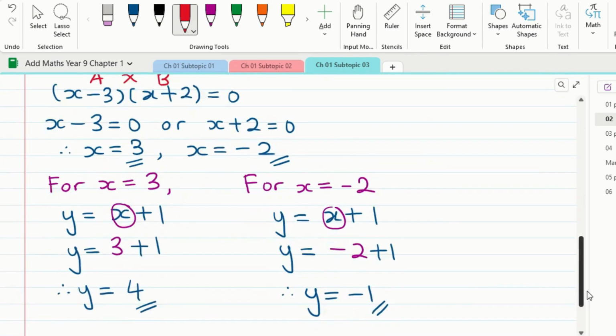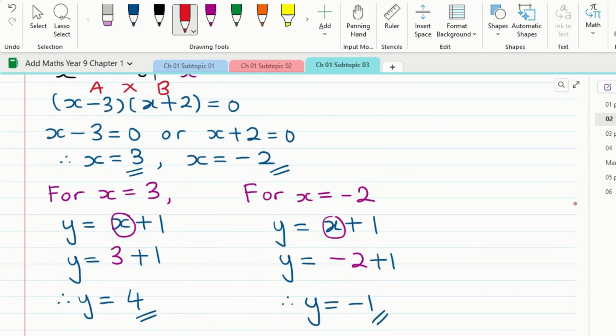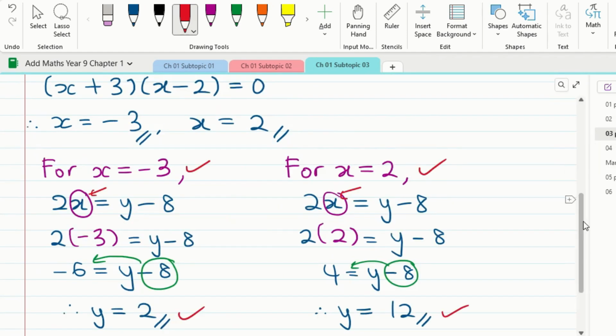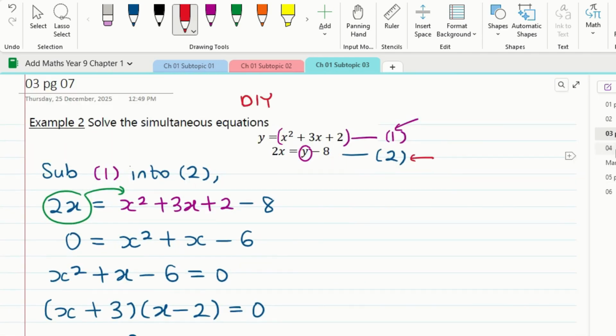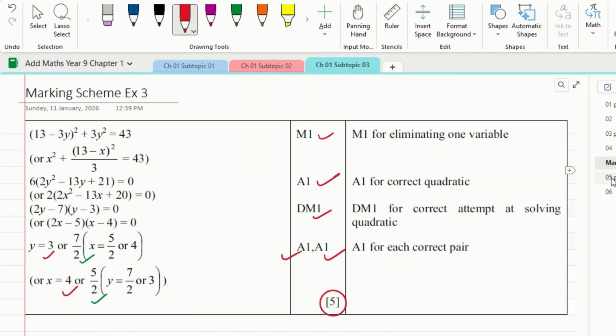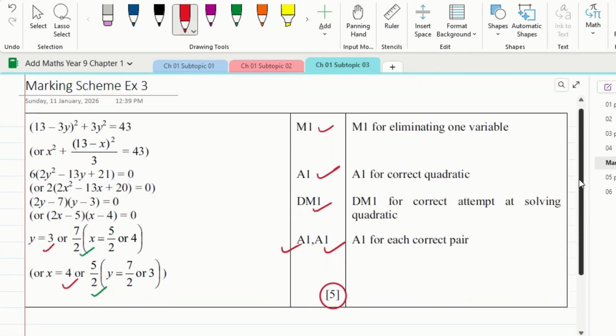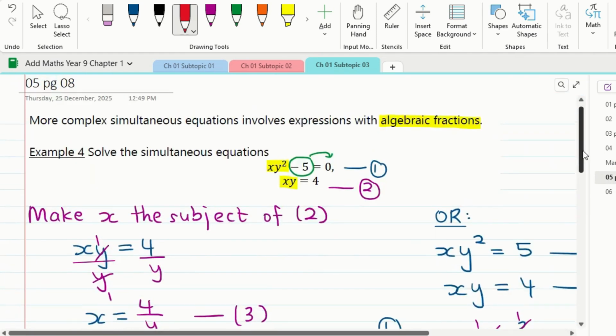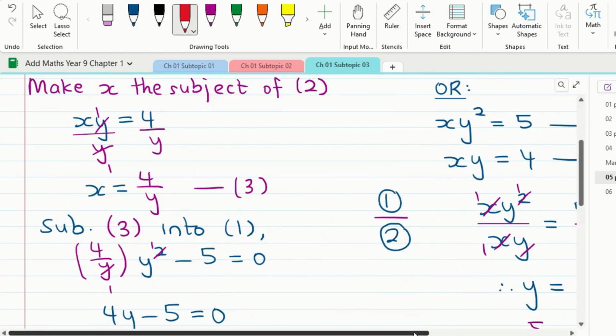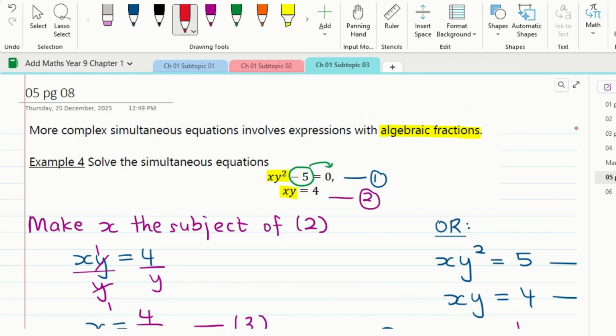And for these two solutions of x, you also have two solutions for y. Generally the marks for simultaneous equation is 5 marks, and also there are certain workings that require you to be skillful with algebraic fraction.